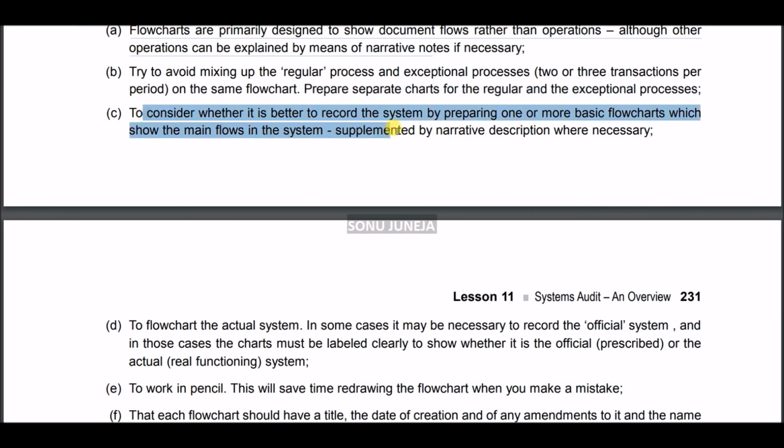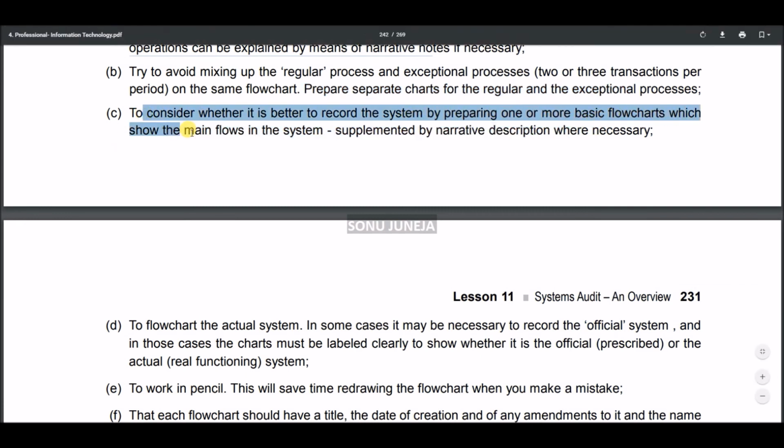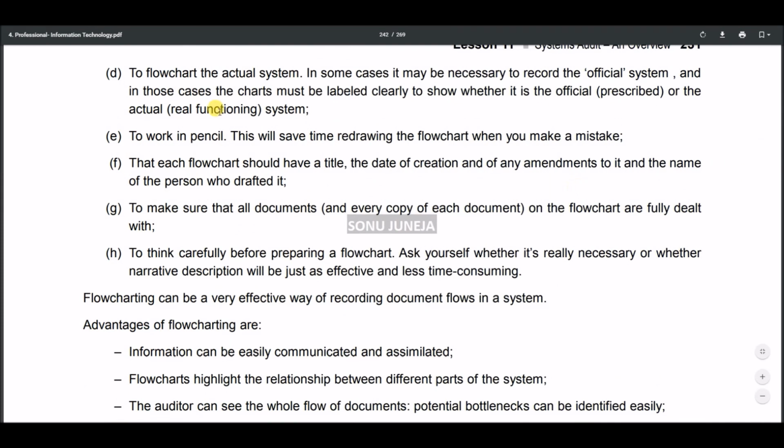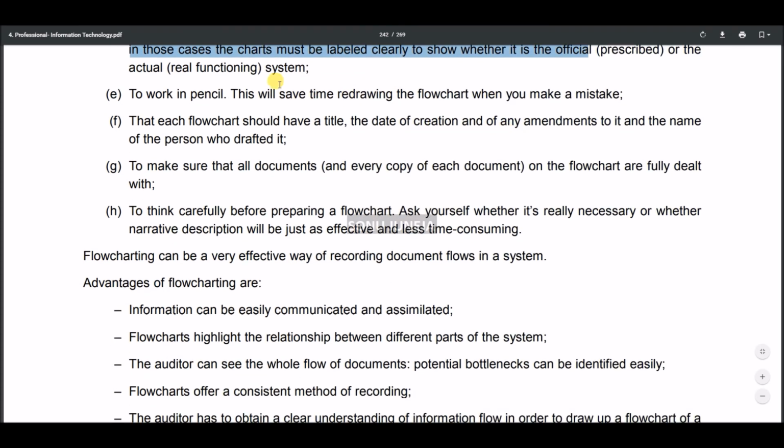Consider whether it's better to record the system by preparing one or more basic flowcharts which show the main flows of the system, supplemented by narrative description where necessary. To flowchart the actual system, in some cases it may be necessary to record the official system, and in those cases the chart must be labeled clearly to show whether it's the official or the actual functioning system.